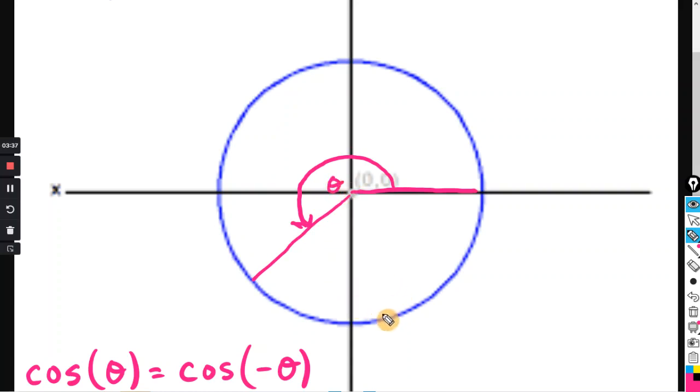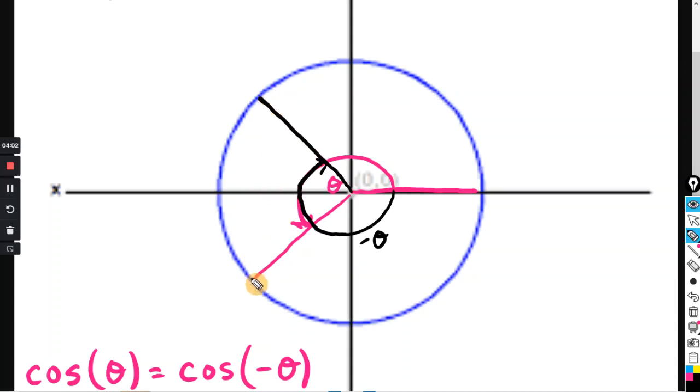And I can do the same thing going in the opposite direction. All right, if I started here and went clockwise 2.5 quadrants, and I stopped there, I called that one negative theta. And I drew in the radius.